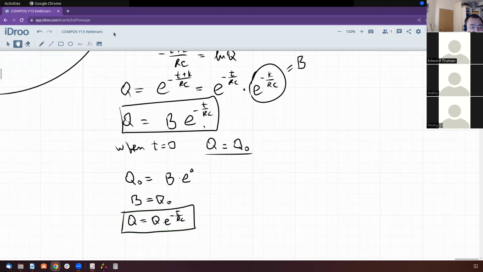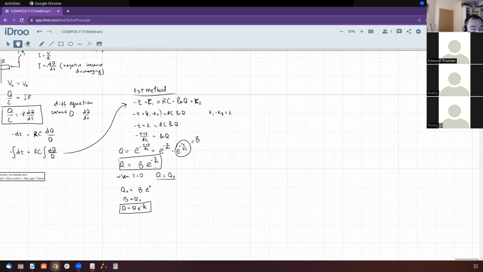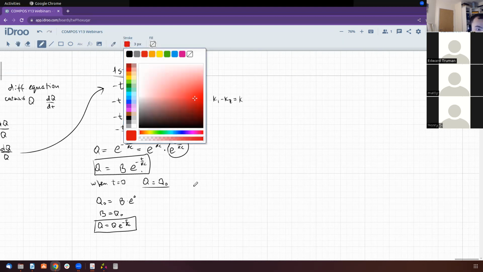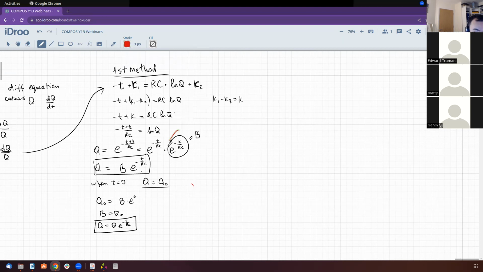Now this is the first method using k, using an integration constant. I don't particularly like this method because it becomes very messy right about here. Like renaming this as B and then trying to figure out what B is. It's very easy to get lost along the way.